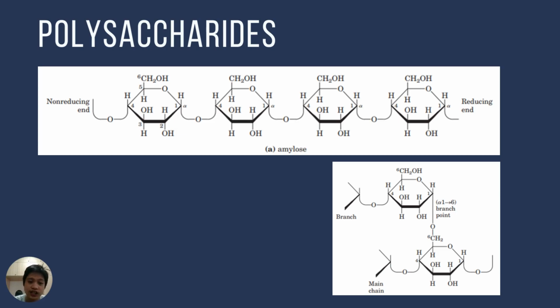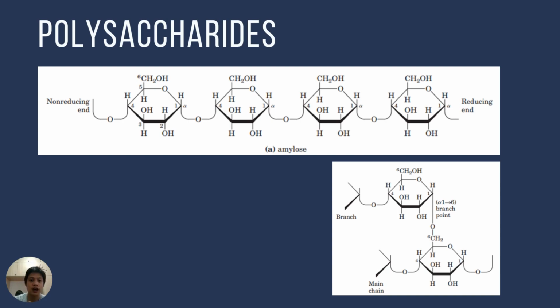And lastly, I just would like to emphasize how monosaccharides combine with each other to form polysaccharides. In the image here at the top, you have a strand of amylose, which is the linear component of starch. As you will observe, the ether linkage is formed between carbon number 1 of a sugar and carbon number 4 of the next sugar.